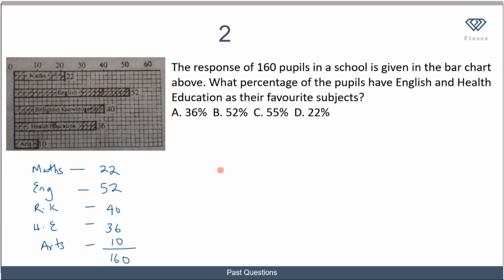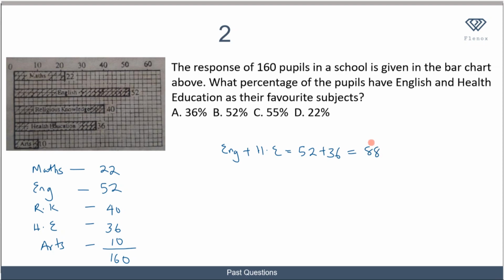Now the question asks us to find the percentage of students that have English and health education as their favorite subject. So the first thing we want to do is add the total number of students that love English and health education. So English plus health education will be equals to what? 52 plus 36, and that gives us 88.